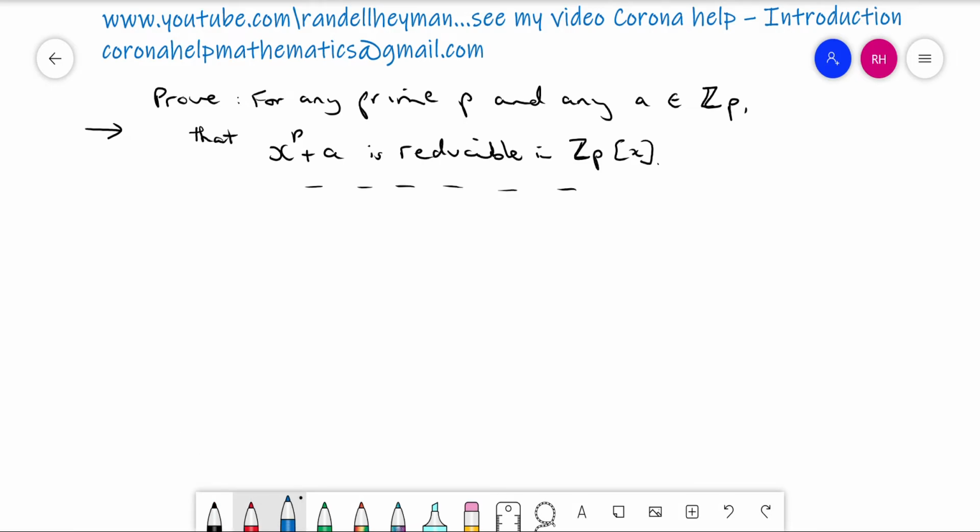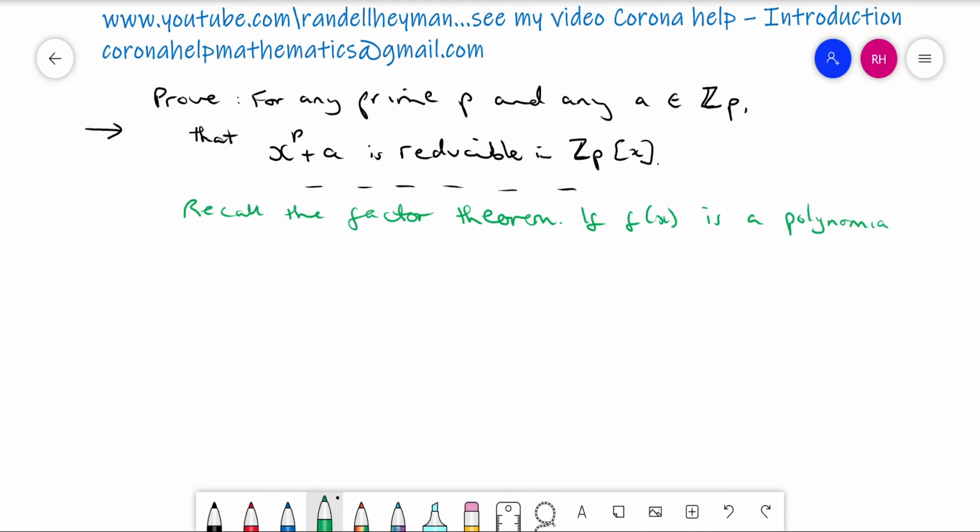Okay, so let's just do a by the way, recall the factor theorem. If f(x) is a polynomial and if f(a) equals 0, then x minus a divides f(x).